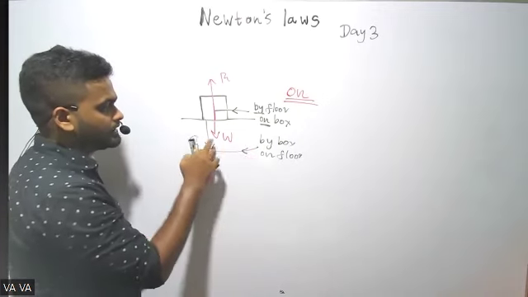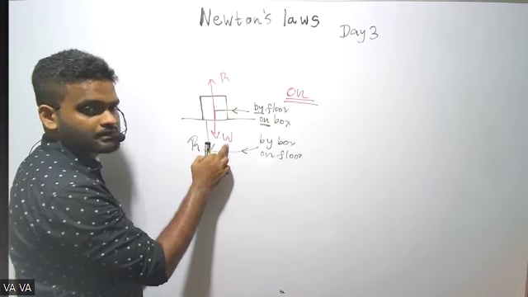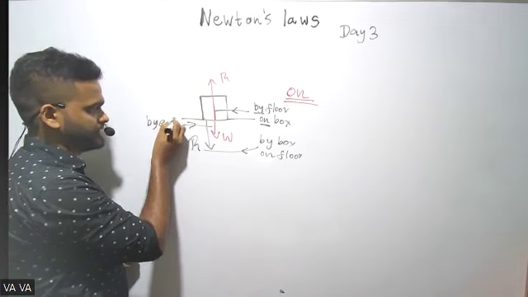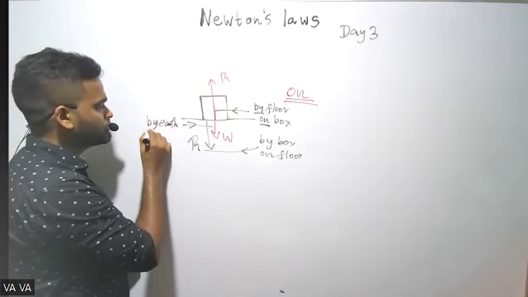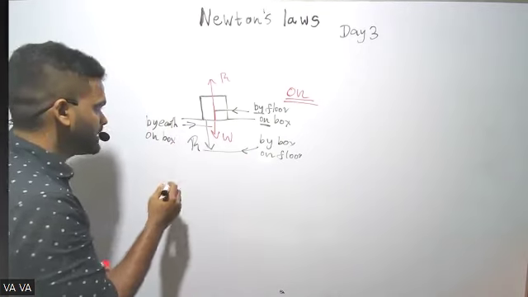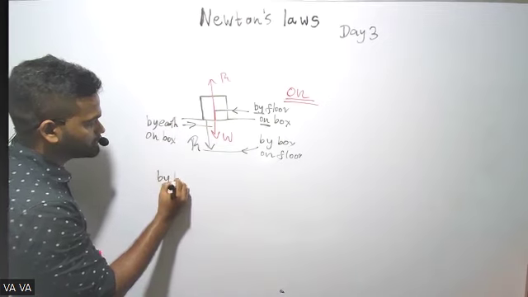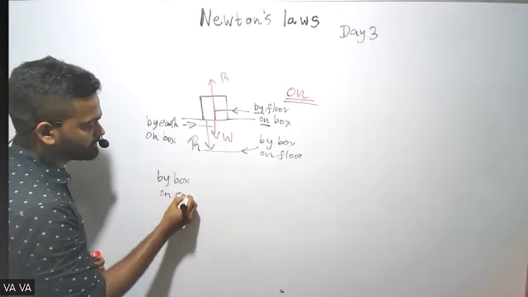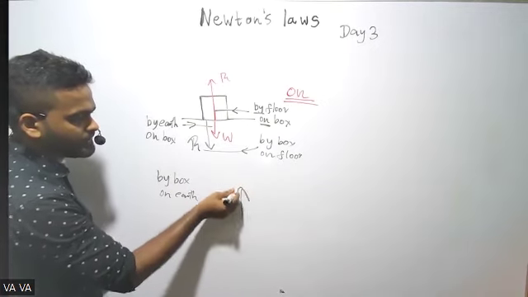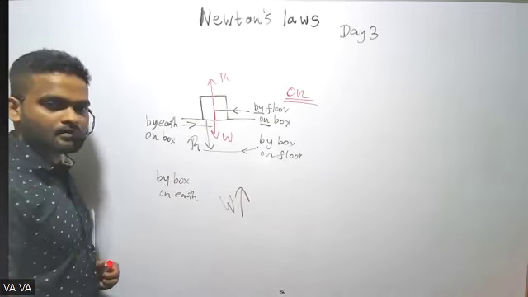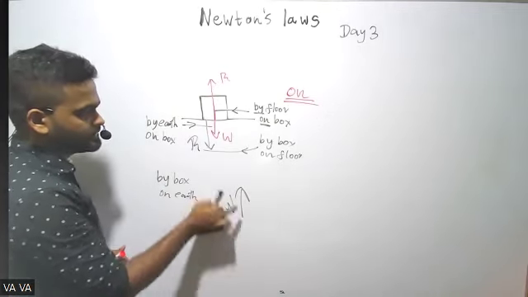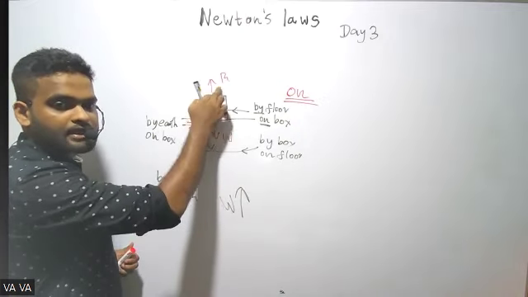Then what about this W? Weight. Weight is applied by earth, right? Weight is due to earth, by earth on box. Then the reaction force of this weight should be, how to find that? It should be by box on earth. So that reaction force is by box on earth. That reaction force is somewhere here, upwards. But we don't mention these two forces when they ask you to draw a free body diagram for the box.